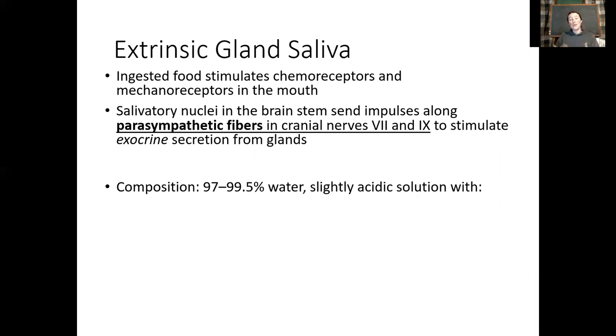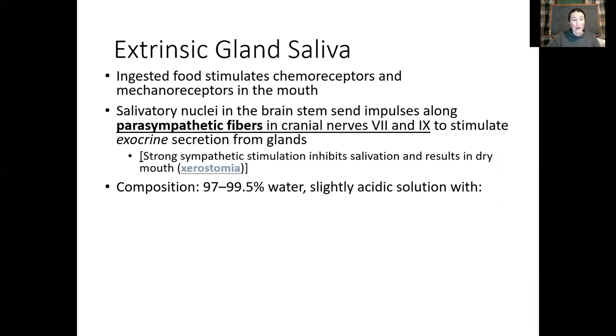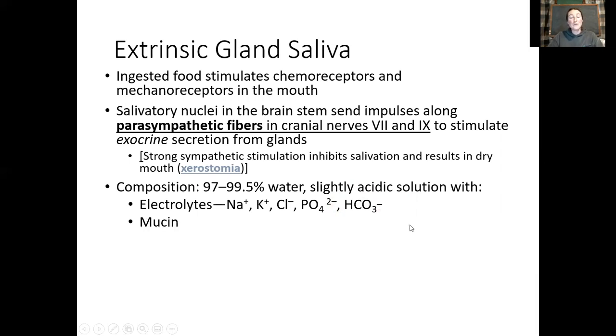So using cranial nerves 7 and 9, we can actually trigger these extrinsic salivary glands to release mostly water into the mouth, but also electrolytes, different salts. We also see bicarbonate. Remember, bicarbonate is really important in buffering the pH. Mucin, so a little bit of mucus as well. Maybe a little bit weird to think about, but metabolic wastes as well.